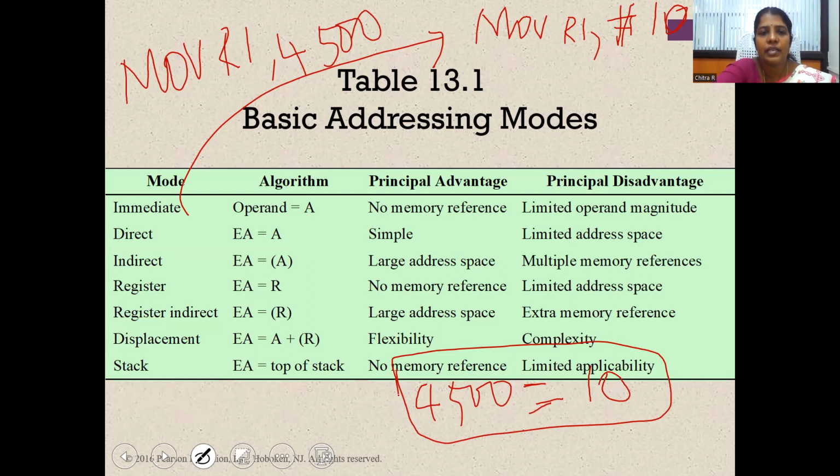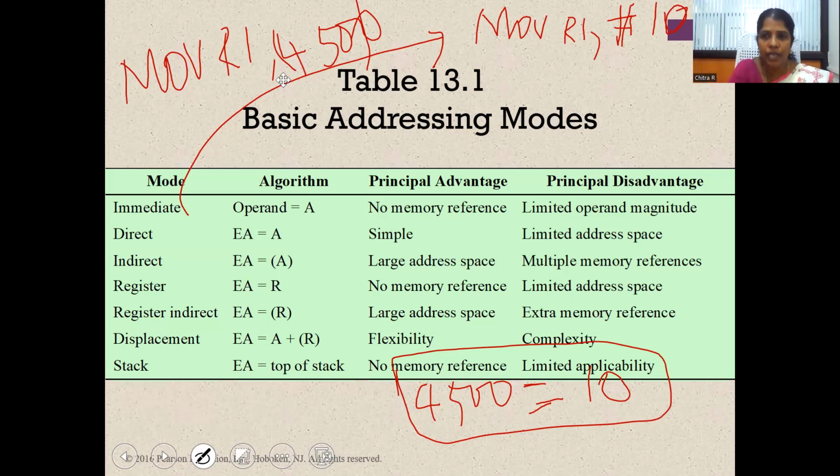Again, indirect memory addressing is the same, but the difference is that here you have a bracket. The bracket indicates this is indirect. So in this case, go and refer to 4,500; the value 10 is there.